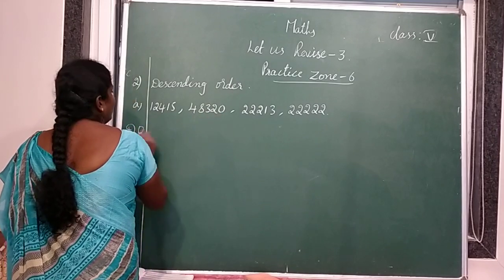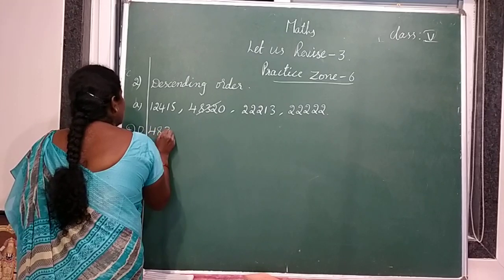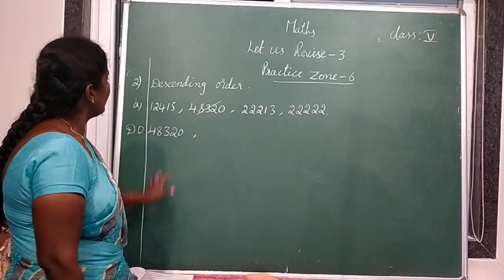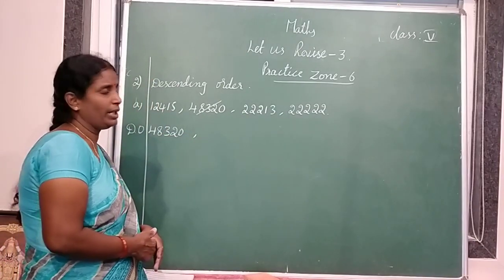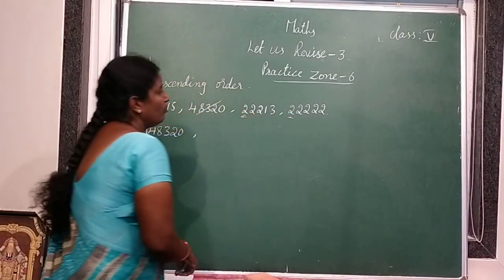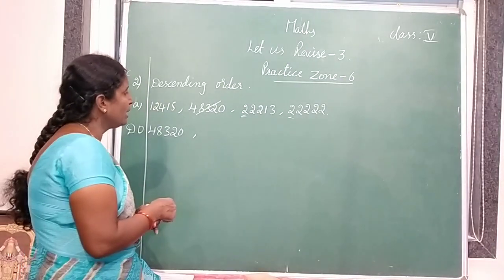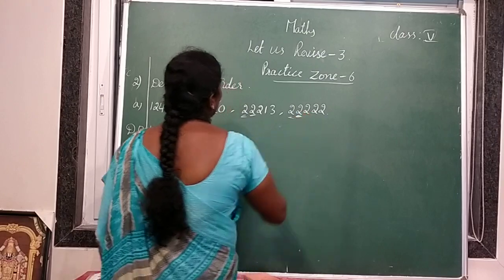In descending order, first we have to write the greatest number. So 48,320. What is the next one? 1 or 2? 2 is greater than 1. But this is a 2 and this is also 2. If both are same, then what we have to do? Compare the next digit. So what is the next digit? 2, 2.